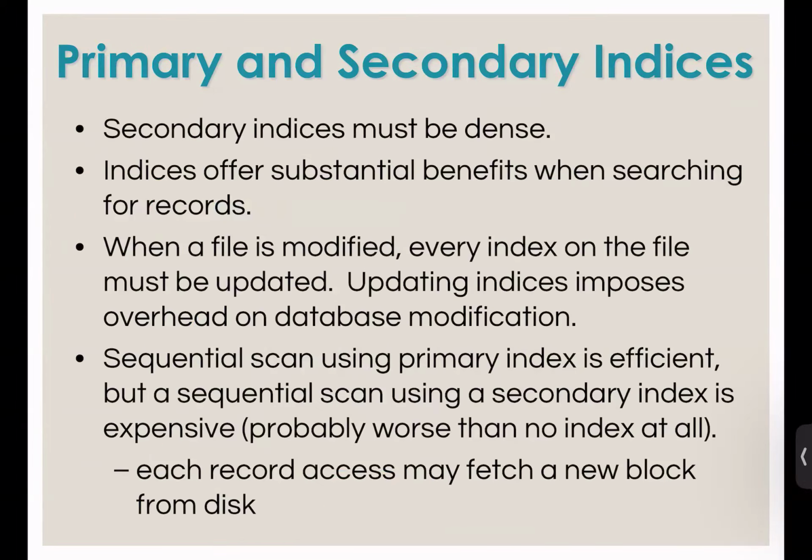Another thing: if you decide to have a secondary index, it must be dense. We'll look at what dense means in just a little bit. And every time the file or the data is modified, all the indexes must be updated.